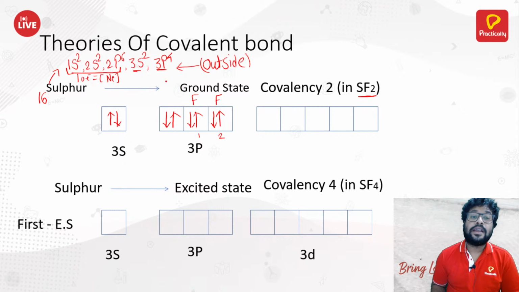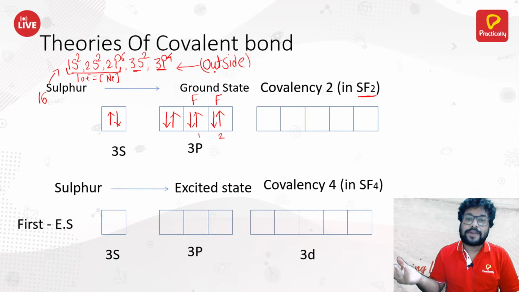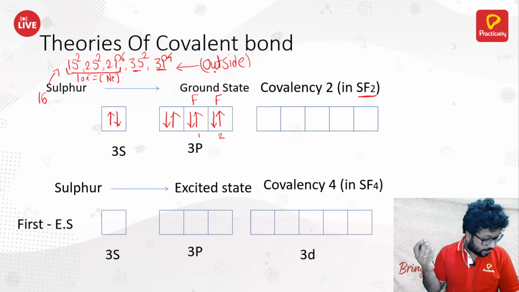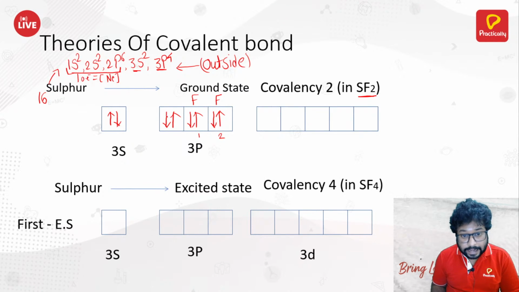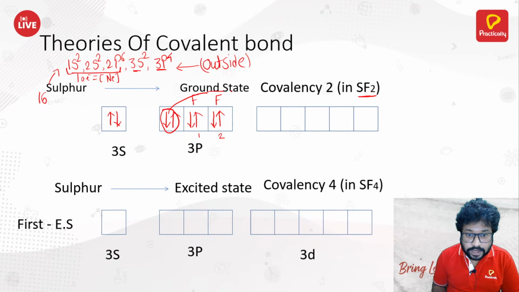So from outside, you cannot touch the s electron directly. Your p electron, because if you go from outside, which orbital comes first? The p orbital comes first, right? P orbital comes first. So therefore, this pair gets promoted to your empty d orbital.